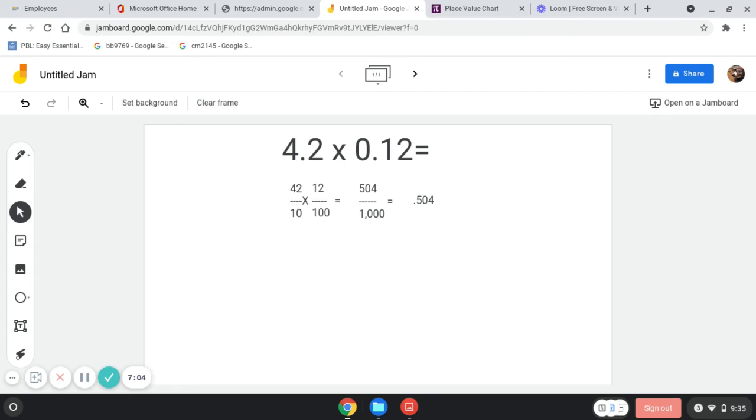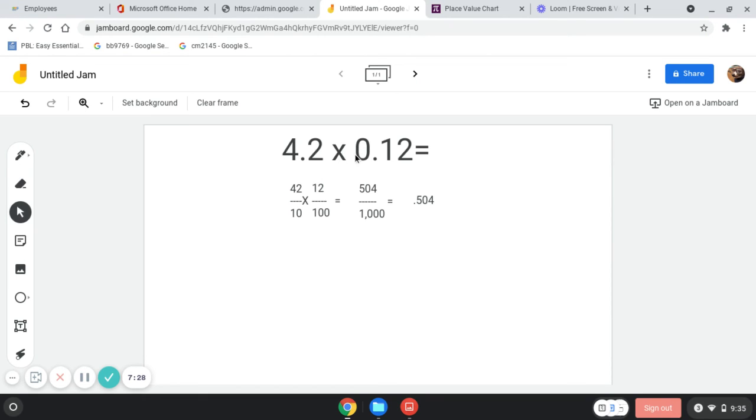So what we did was we took a decimal multiplication problem, and instead of just conducting the basic algorithm method, we looked at each decimal number and converted it into a fraction to show the relationship, how a decimal is a fraction and a fraction is a decimal. We used the base 10 blocks to help us see what that looked like, how that was represented.